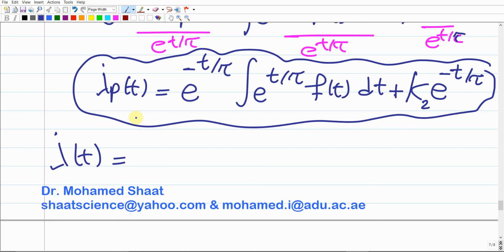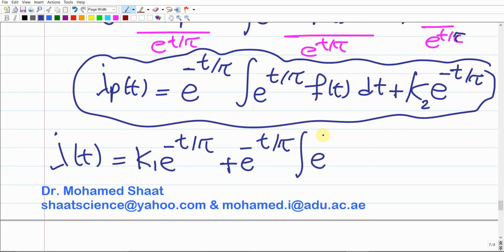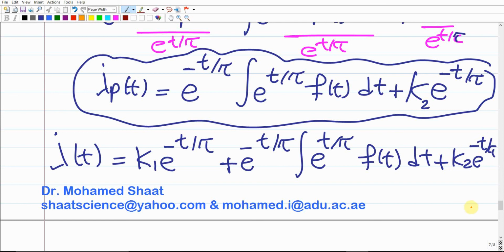This is like k2, just to distinguish this constant from that constant, the k up there. So the homogeneous solution is k1 e^(-t/tau), plus the particular solution, which we get with this expression as e^(-t/tau) times the integration of e^(t/tau) f(t), which is the forcing function, dt, plus k2 e^(-t/tau). As you can see, this term is identical to this term except for the constant itself, right? It means that we can combine these two terms using e^(-t/tau) as a common factor.